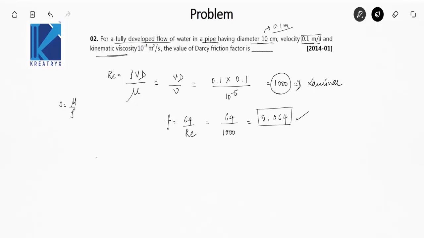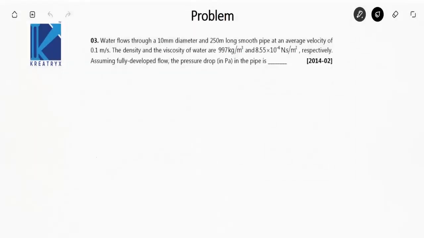Next question. Water flows through a 10 mm diameter and a 250 meter long smooth pipe. 10 mm diameter, that means 0.01 meter diameter, and 250 meter long smooth pipe at an average velocity of 0.1 meter per second.